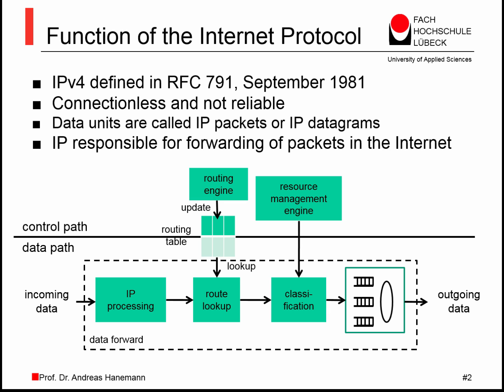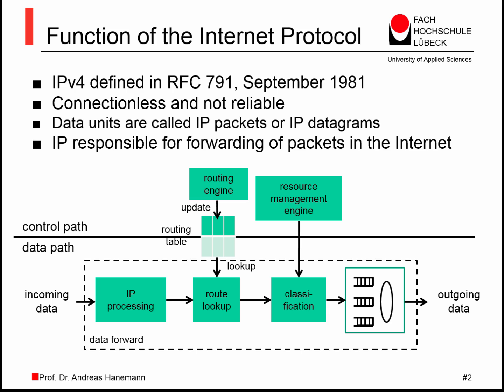The routing table is sometimes updated based on events in the network, such as link failures or information exchanges with other routers. In the following, there is the possibility to classify the packet because the provider may decide that some traffic should be preferred over other traffic. For example, a provider would like to prefer voice over IP traffic in relation to backup traffic. There is no general agreement how classification has to be done, so that every provider can configure it on its own.